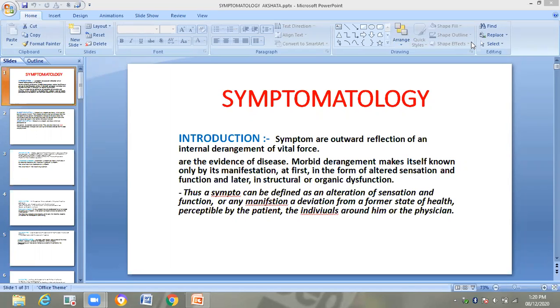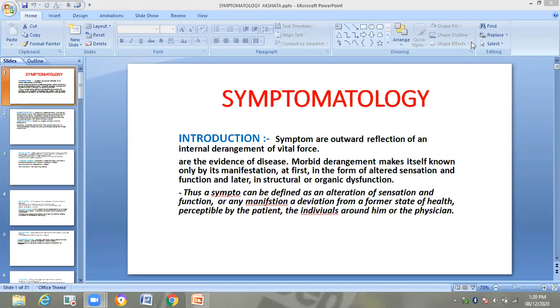So according to Dr. Elizabeth Wright, symptoms are nothing but the expressions of the body, expressions of the disharmony which takes place in the body and which are calling for the similar remedy.